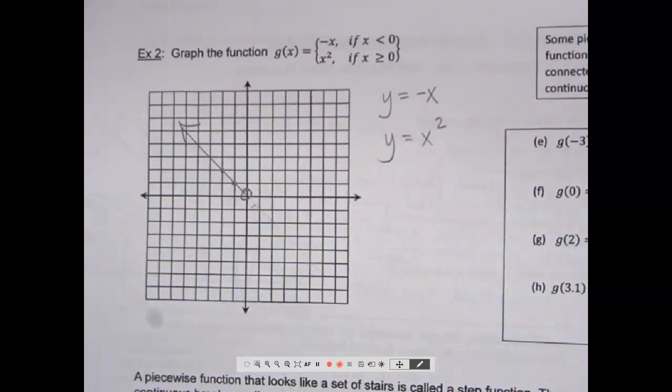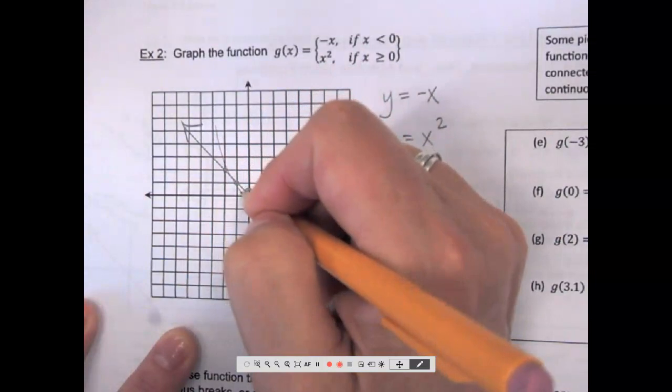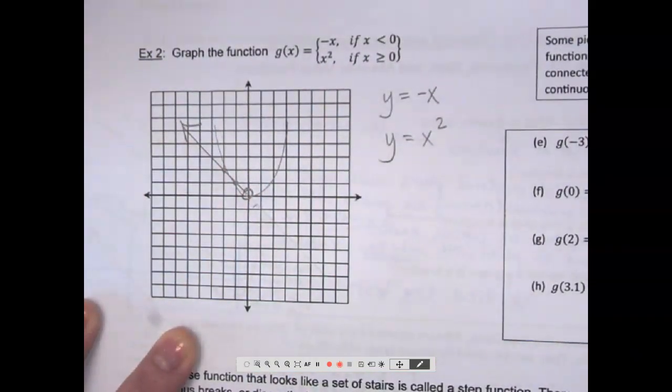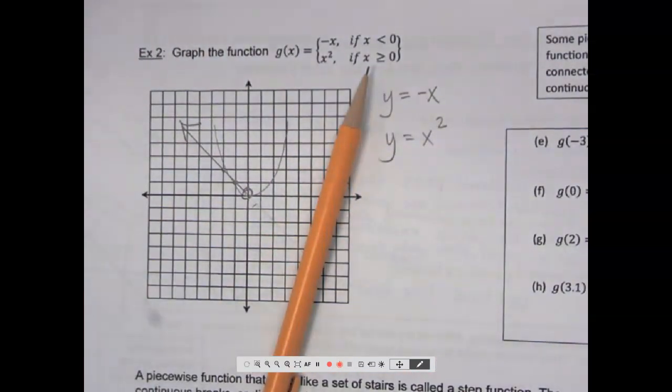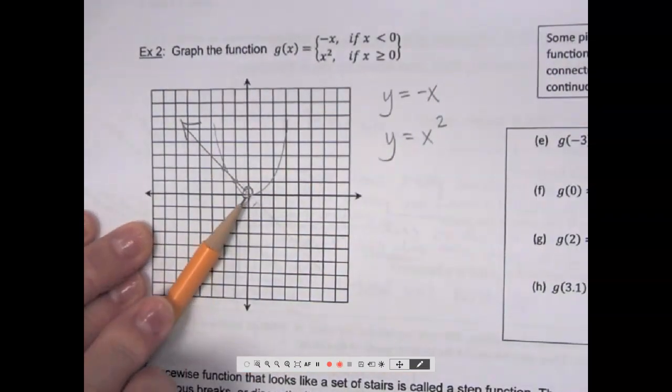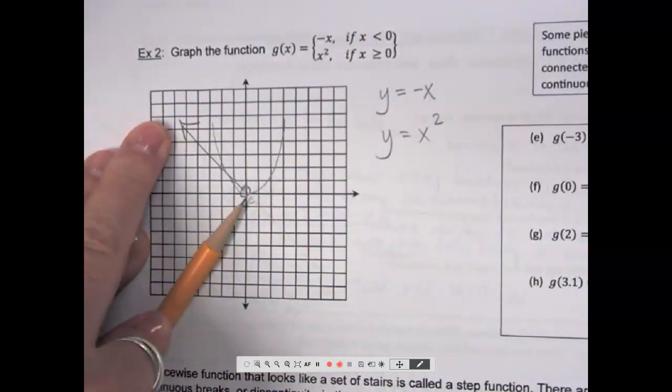So the second part, that's our plain old parabola. It would normally be sitting here at the origin, something like that. But I don't want the whole thing. I want it where x is greater than or equal to 0. This is where x equals 0 on the graph. Greater than is to the right, less than is to the left.